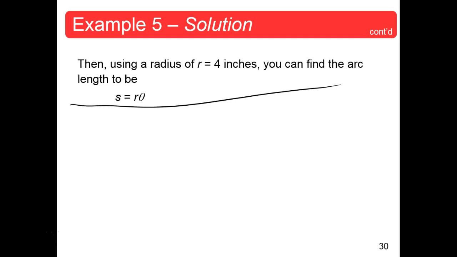The blades of a wind turbine, I'll try to draw this. Here's the wind turbine. This is the base of the wind turbine, and those are the blades. The blades of a wind turbine are 116 feet long.